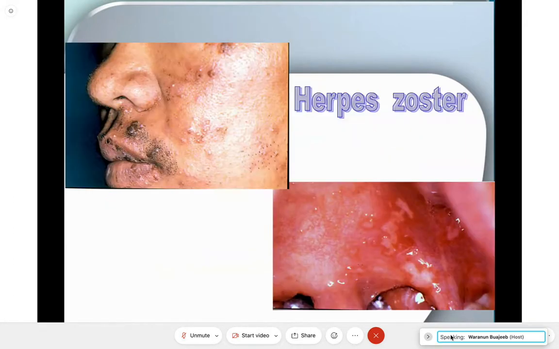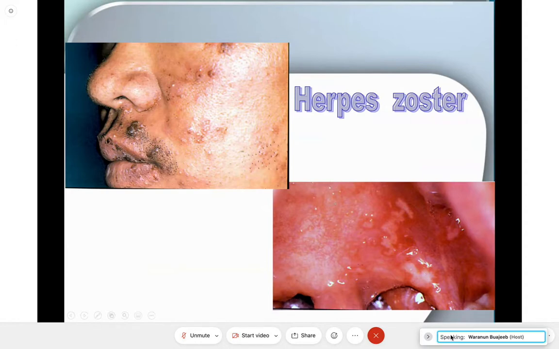You can see what division is affected. In the second division of the trigeminal nerve, you can see both skin lesions and oral lesions. The oral lesions are large irregular lesions like that, and also small brown ulcers.